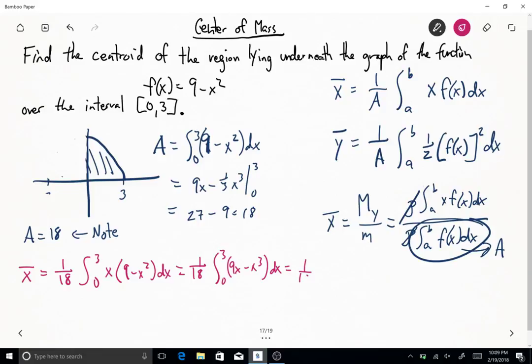So this is 1/18, and then we'll have 9/2 x squared minus 1/4 x to the 4th, and then we evaluate from 0 to 3. So notice this makes 1/18, and this is 81, because 9 times 9 gives you 81 over 2, minus 81, because 3 to the 4th power is 81, over 4. Well, notice you can make this 2 times 81 over 4, and then minus the 81 over 4, so this thing equals 1/18 times a positive 81 over 4.